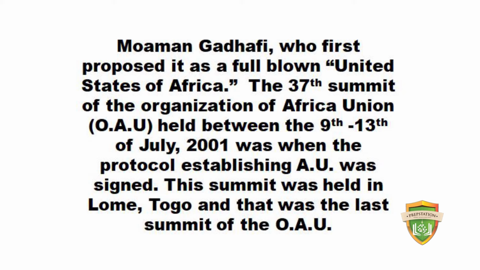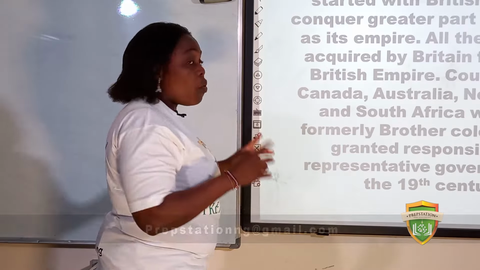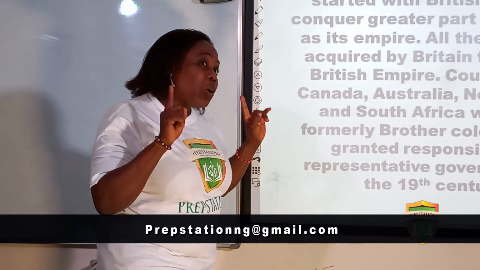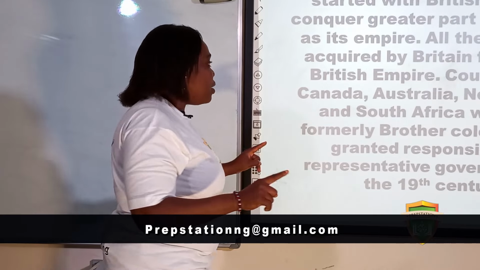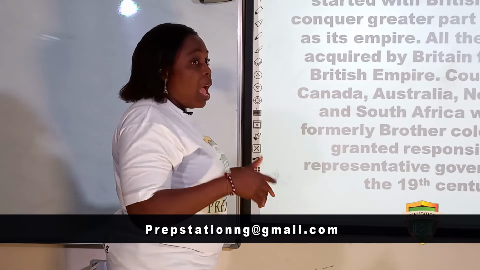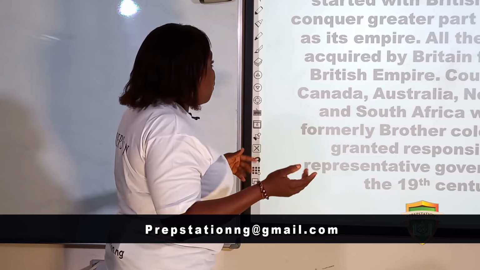Established the African Union. The summit was held in Lomé, Togo. And so this was how the African Union was brought into existence. Remember, it is only African countries that are members of that organization. And we have over 50 countries in Africa.